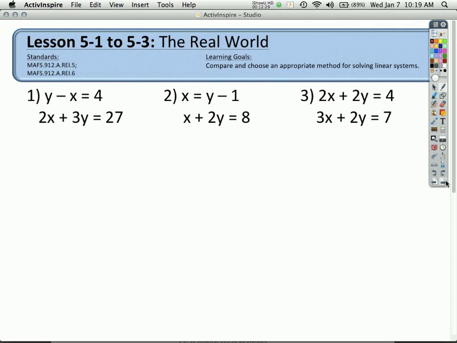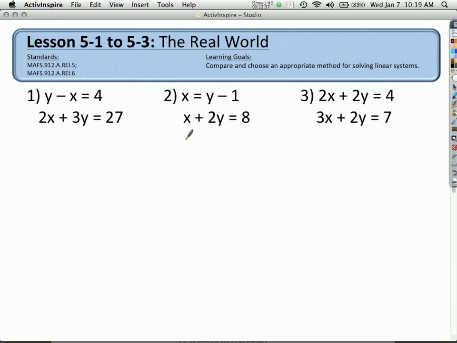You rewrote the equation, this first equation? And so what did it come out as? Negative x plus y equals 1. Equals -1?